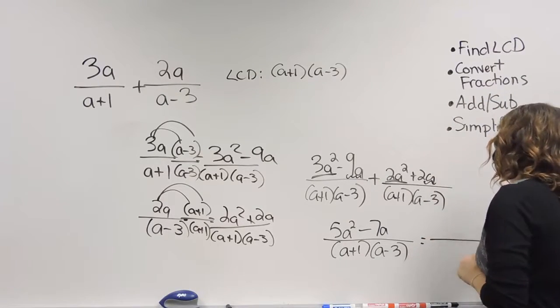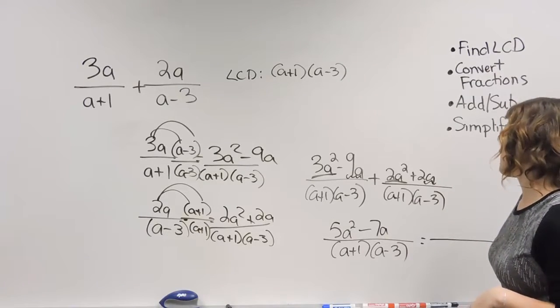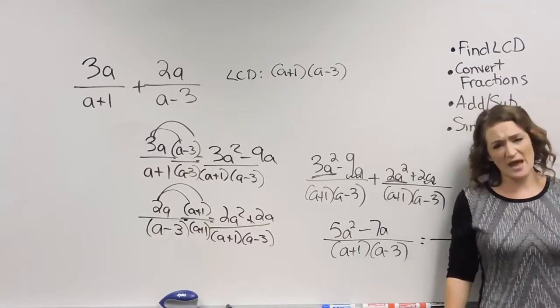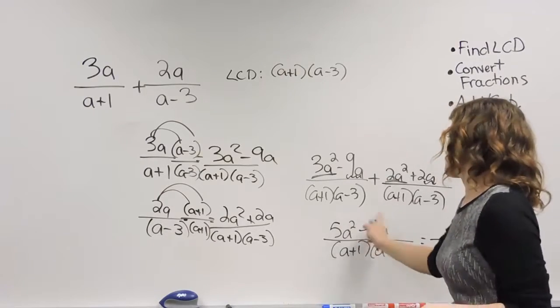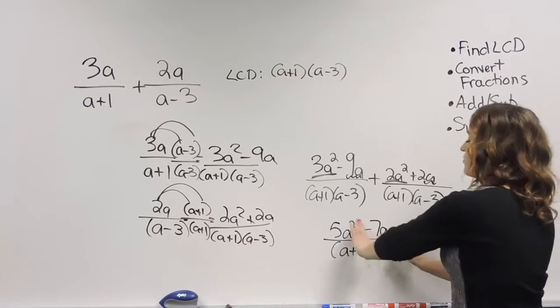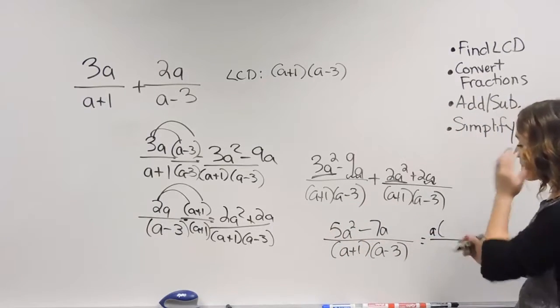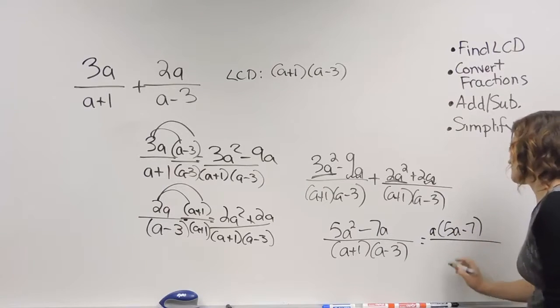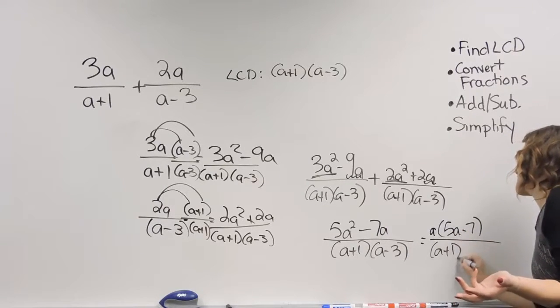Looking at this problem, the only way it can be factored is in the numerator, starting with thinking, do we have a greatest common factor? We don't have anything in common with 5 and 7, though I do see that I can pull out an a. If I pull out an a, I'm left with 5a minus 7. Honestly, that doesn't really help me here.